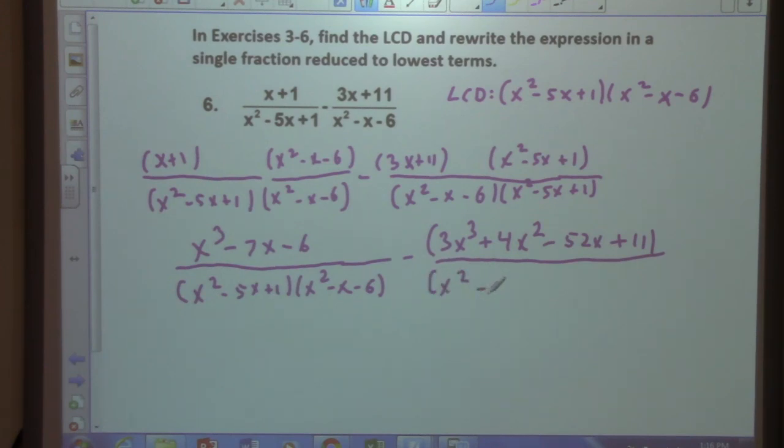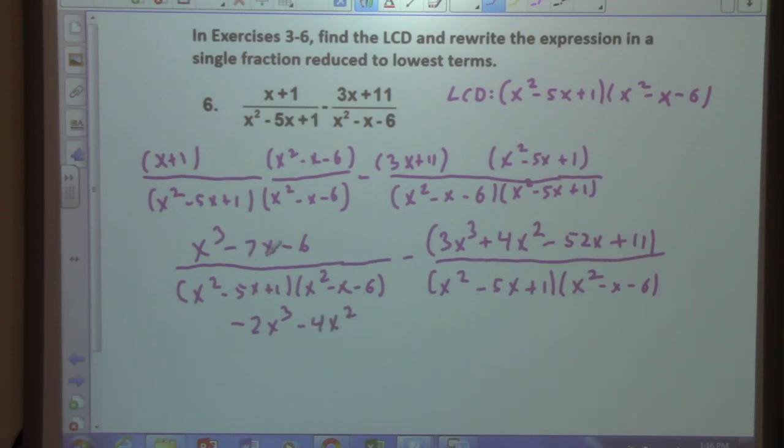Now we go ahead and finally simplify, taking it out of parentheses. So here we have x cubed minus 3x cubed, that's going to be negative 2x cubed. Then we don't have any x squared over here, but we have minus 4x squared.